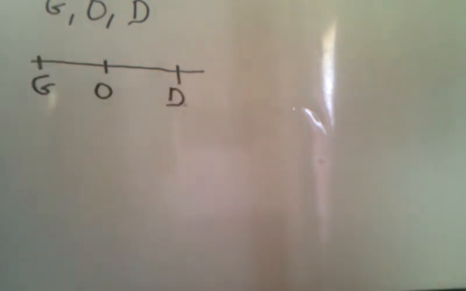If I have points G, O, and D, I want you to name all the segments that I can make if they're collinear. Okay. If you need to, put them on a line. Okay. What all line segments do they determine?